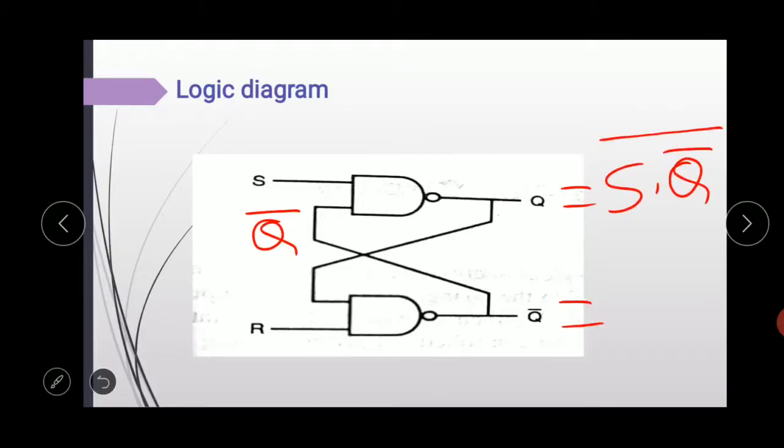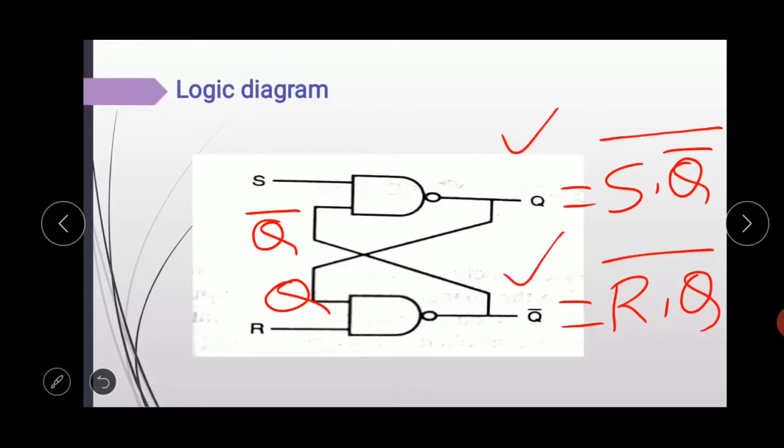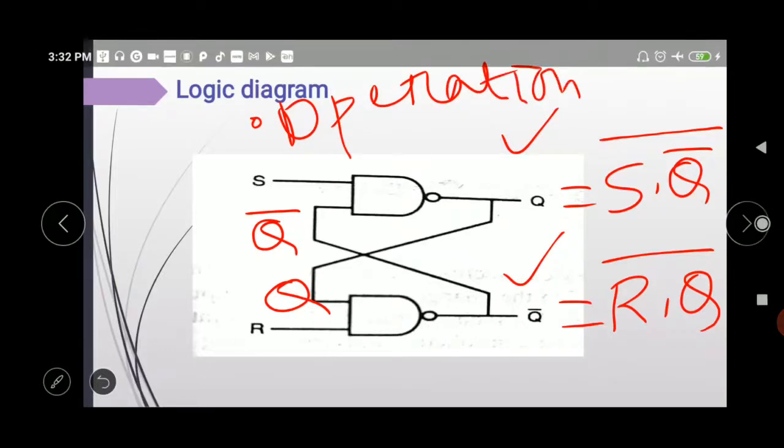And Q bar equals R into Q, whole complement. By using these two equations we draw the diagram. Here we use the dot operation.